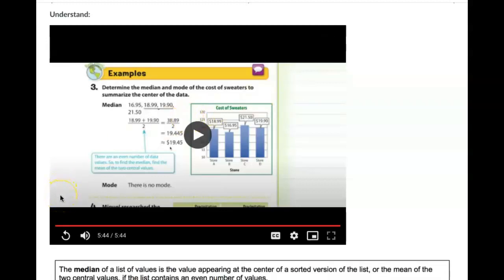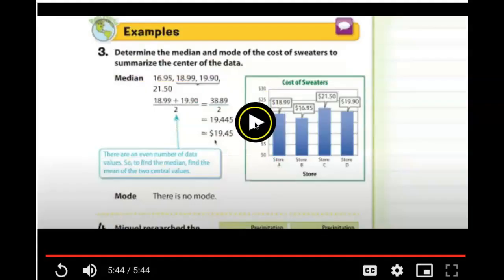Okay, I am going to start to play this, but I will be pausing it and we're going to be doing some examples and interactive questions. So make sure you have your pencil and paper handy. Also, you need to open up your books to page 792 to begin writing down things in your book. It's really up to you to take notes.